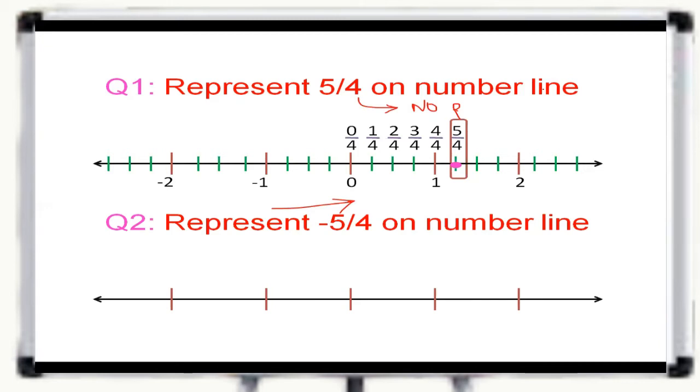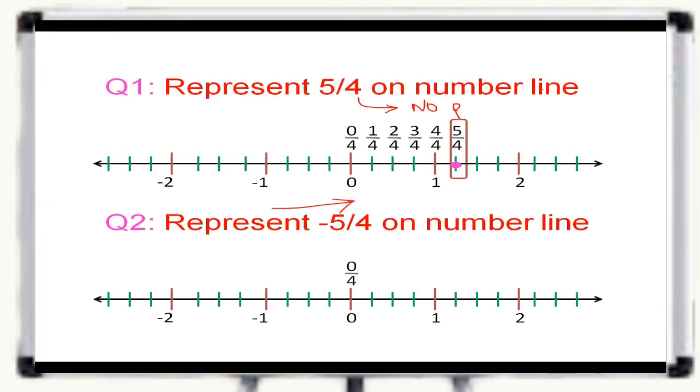So 0 is at the middle, then on the right side positive numbers 1, 2, then on the left side negative numbers minus 1, minus 2. Then divide each integer length into equal parts, that is 4 parts.